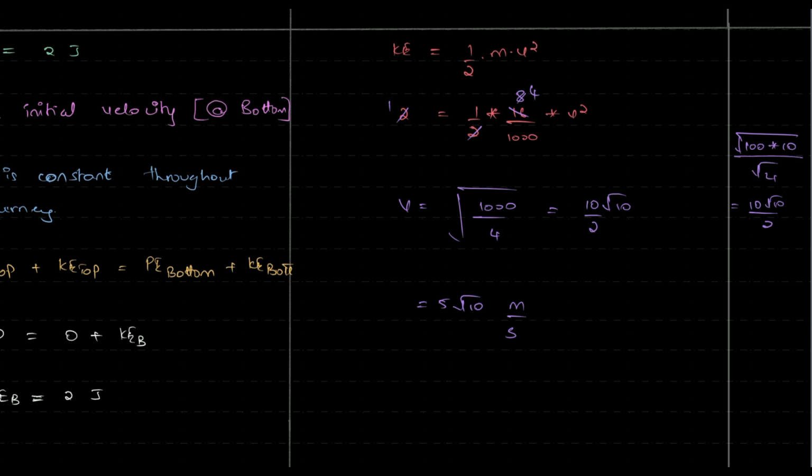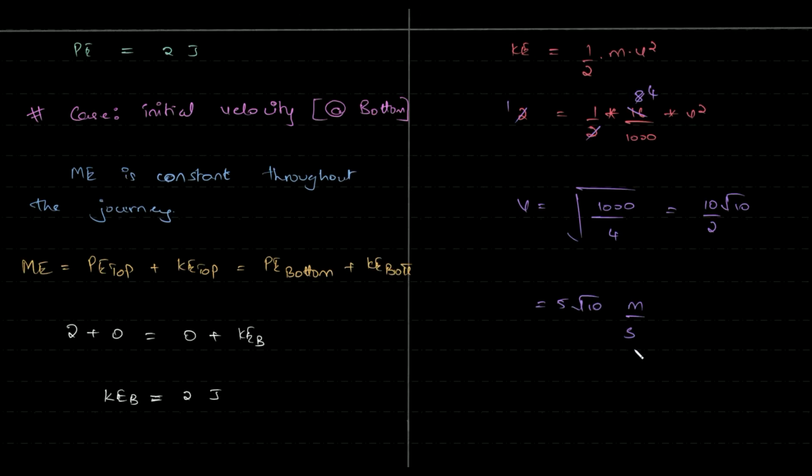Learn the basics, because exponents are in your syllabus as well, so you need to learn to handle all of this. So 5 root 10, where root 10 is approximately 3.3, so around 16 meters per second. That's a good speed. Within a second it's moving 16 meters, so that's pretty good.